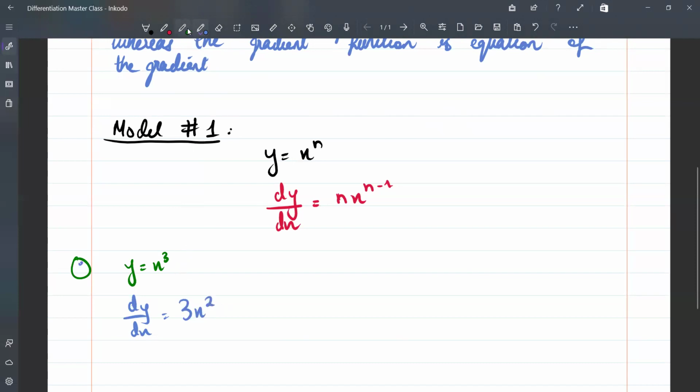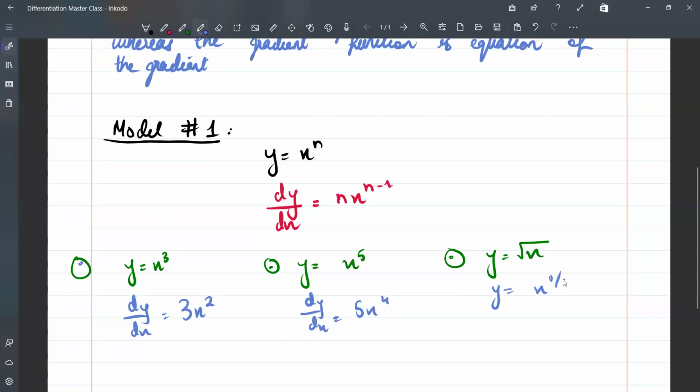If y is x power 5, dy over dx would be 5x to the 4. And let's say y is equal to x under root x. This is the same thing as x power 1 upon 2.